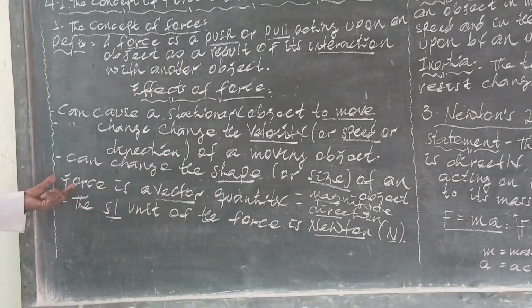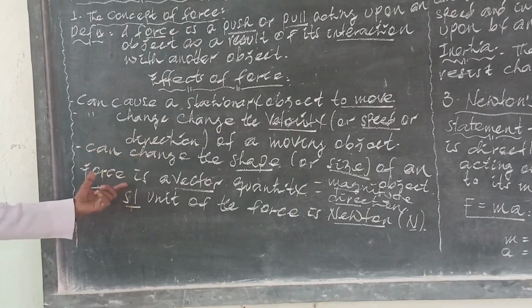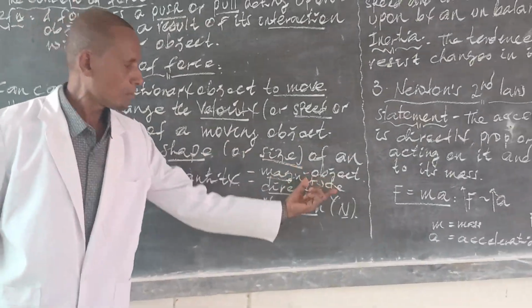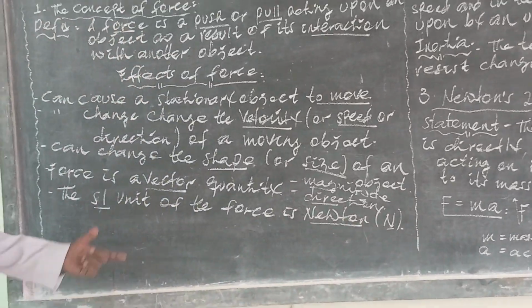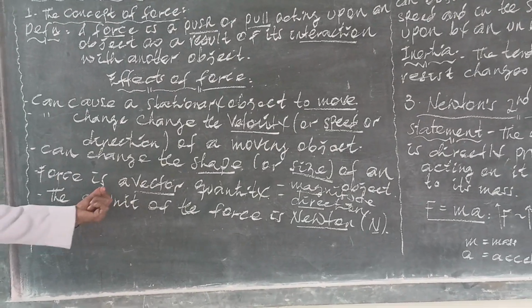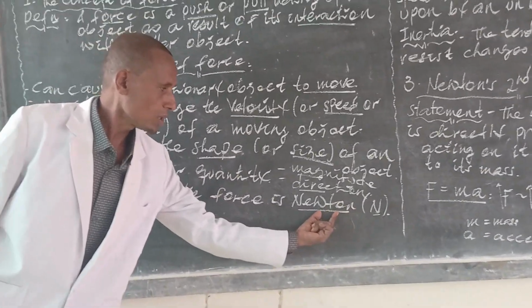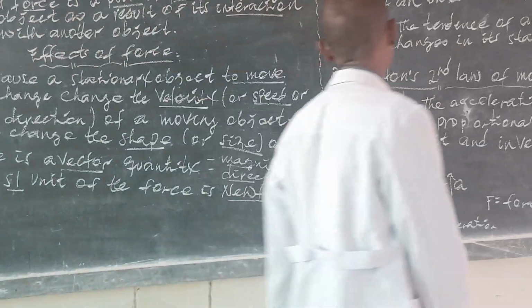Force is a vector quantity, meaning we have to know the magnitude and also the direction. The SI unit of force is the newton, written with the capital letter N.